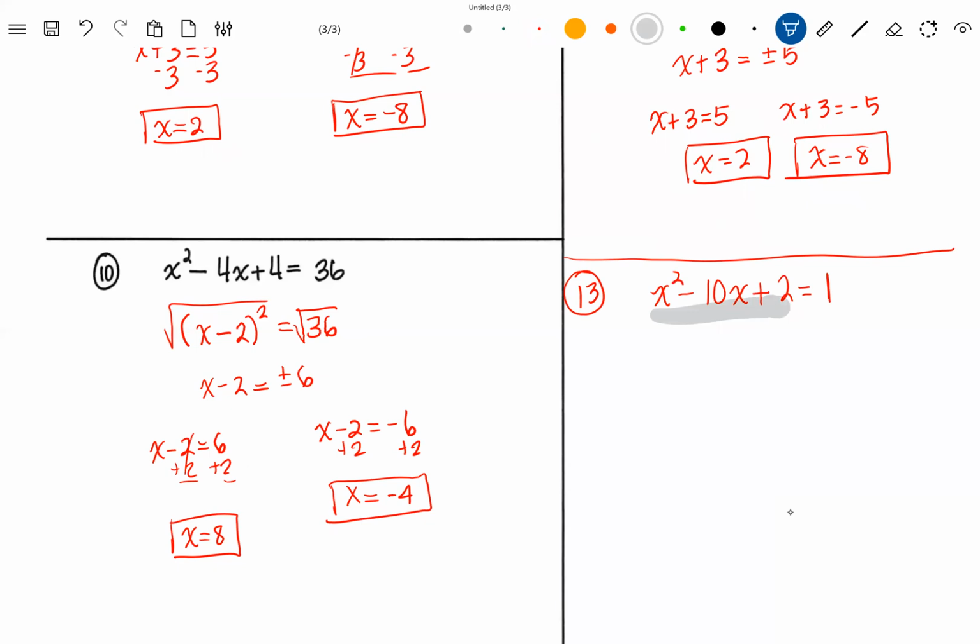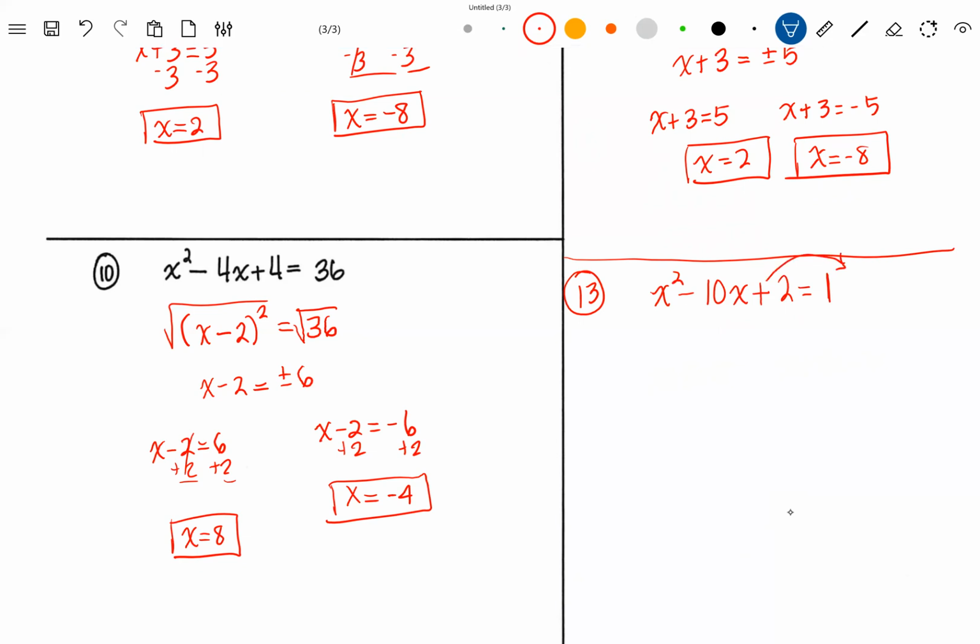You can use the quadratic formula. Sometimes it's easier to just complete the square. But the reason that I wanted to show you completing the square is because it puts the equation into a specific form for graphing, and we'll look at that sometime this week. So it's not a perfect square trinomial, so I'm going to make it one.